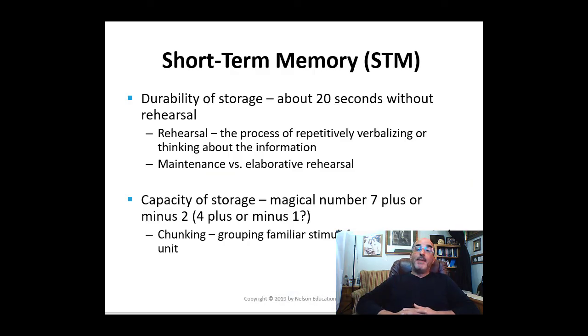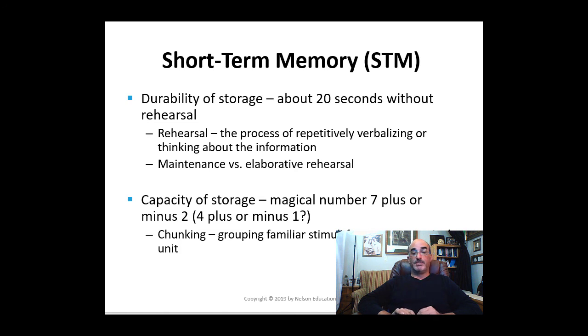Short-term memory is defined as a limited capacity store that can maintain unrehearsed information for about 20 seconds. George Miller in 1956 wrote a famous paper called The Magical Number 7, Plus or Minus 2, and Some Limits to Our Capacity for Processing Information, where he illustrated that the average person could hold between 5 and 9 chunks of information in short-term memory.